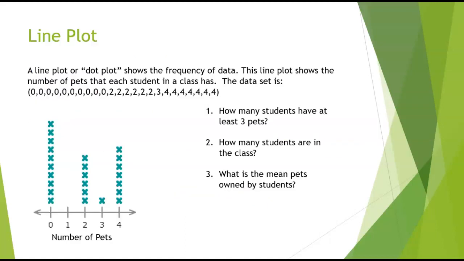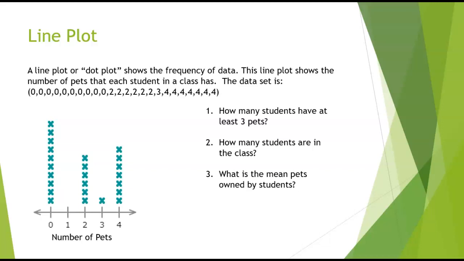Let's look at this line plot. A line plot or dot plot shows the frequency of data. This line plot shows the number of pets that each student in a class has. The data set is 0, 0, 0, 0, 0, 0, 0, 0, 0, 0, 2, 2, 2, 2, 2, 2, 3, 4, 4, 4, 4, 4, 4, 4, 4.